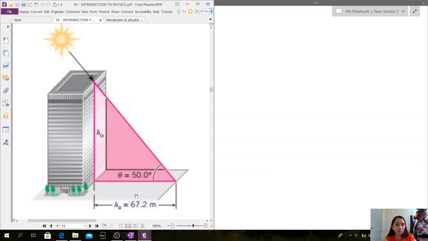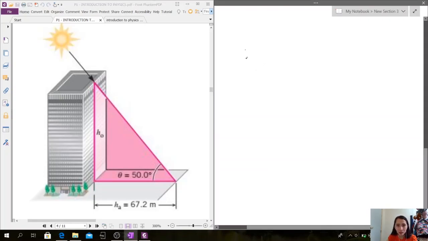Referring to this figure, we know the angle and the length of the adjacent side. We are asked to find this one. So, again, adjacent and the opposite side. That means we'll have to use the tangent function.